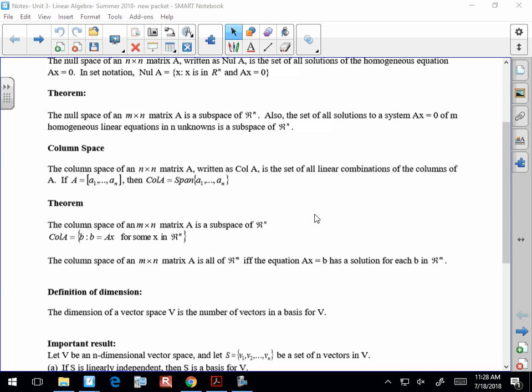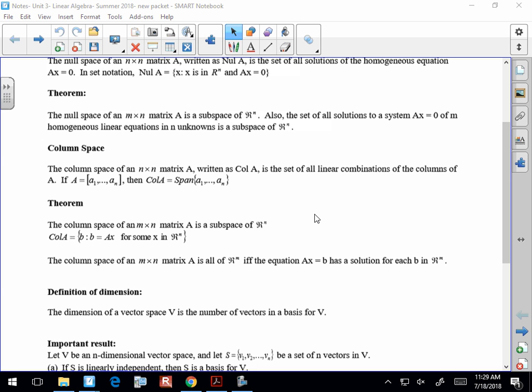Column space: the set of linear combinations of the columns of a matrix. That would be all of them, the whole shebang. But then we start looking at the basis of the column space, which is something different. The column space is a subspace of Rm. The column space of an m by n matrix A is all of Rm if and only if the equation Ax = b has a solution for each b in Rm.